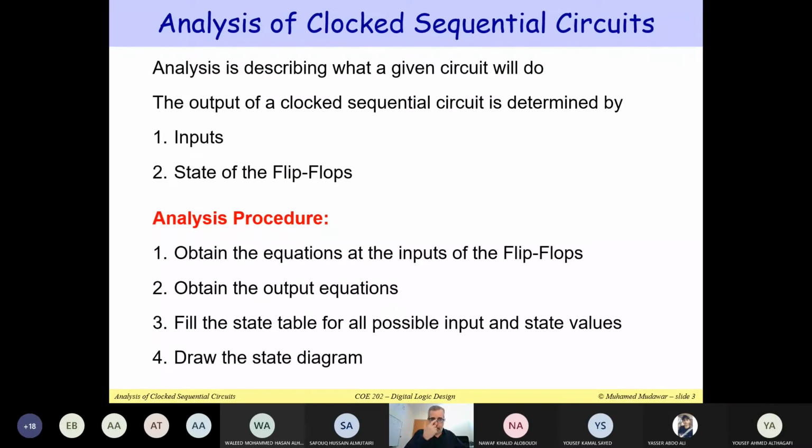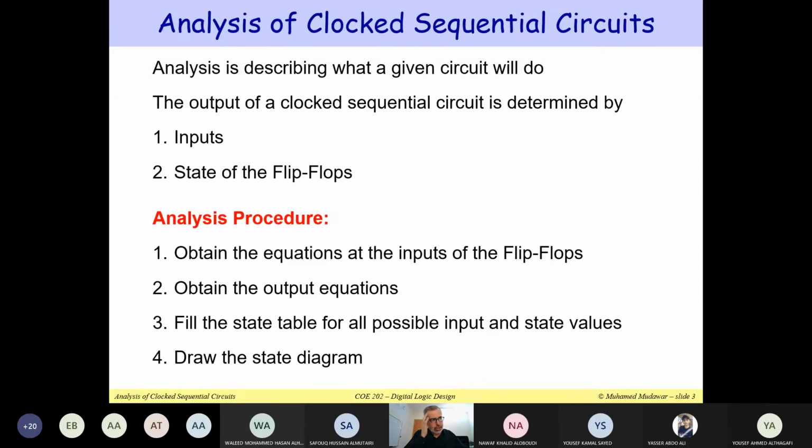Right. So the meaning of analysis. When we analyze a circuit, we are describing what the circuit does. That's the meaning of analysis. We try to understand and describe what the circuit does. The way that we do it is that we look at the equations. So we can describe here the output based on the inputs and the state of the flip-flops.